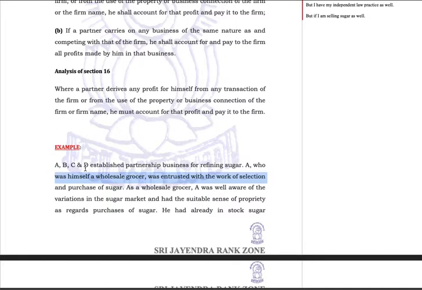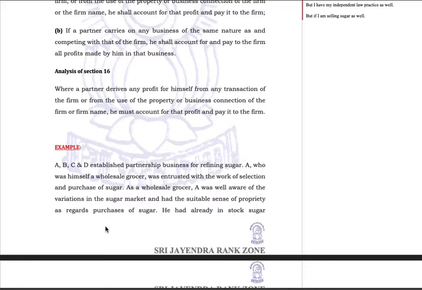A, B, C, and D established a partnership business for refining sugar. A, who was himself a wholesale grocer, was entrusted with the work of selection and purchase of sugar. As a wholesale grocer, A was well aware of the variations in the sugar market and had the suitable sense of propriety as regards purchase of sugar.